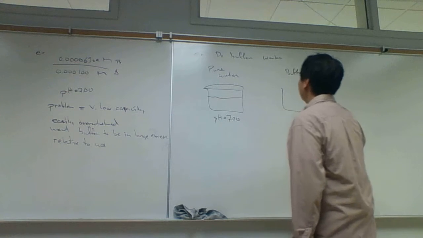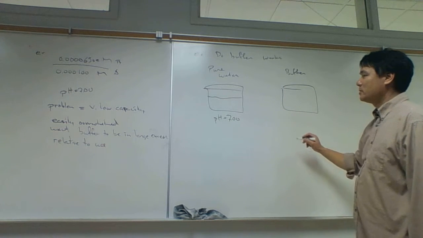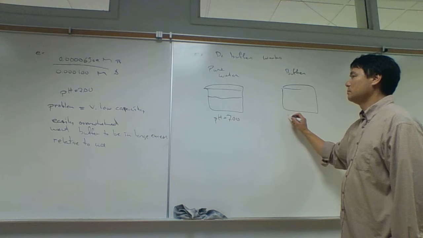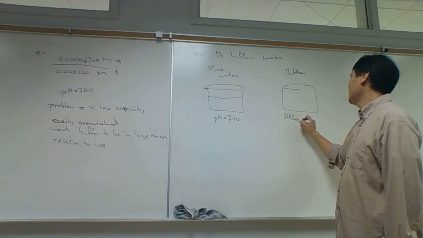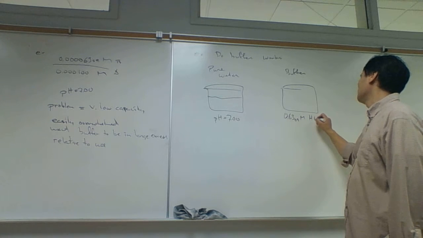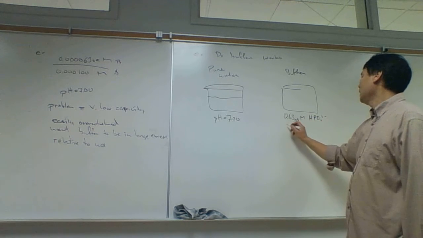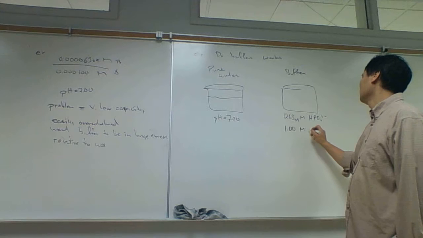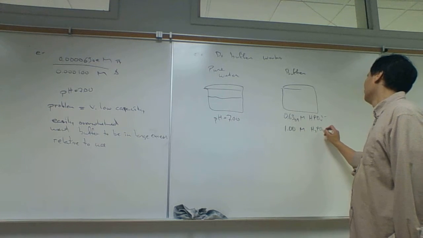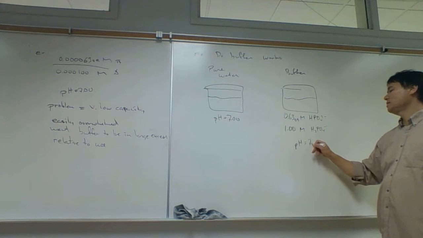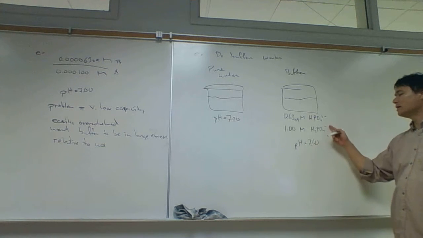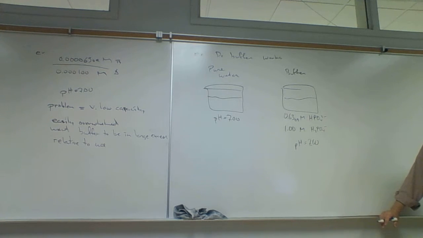The buffer here is going to consist of 0.6309 molar HPO4 2 minus and 1.00 molar H2PO4 minus. And this should have a pH of 7.00. If we plug this back into the Henderson-Hasselbalch, that's what we should get.